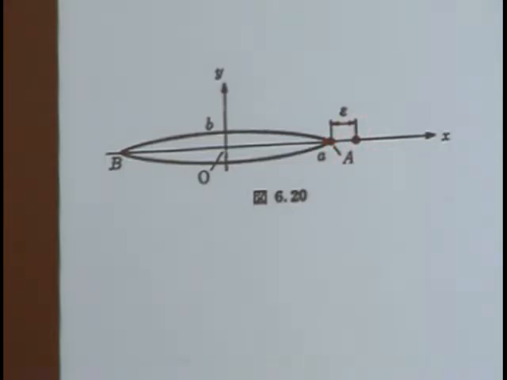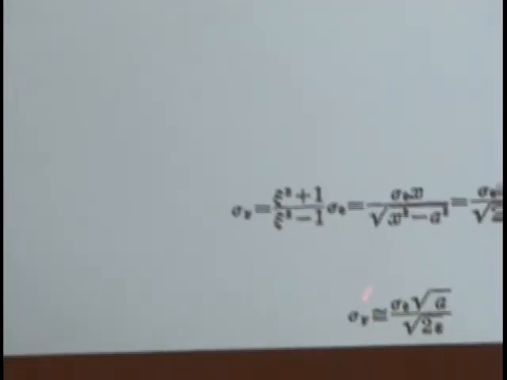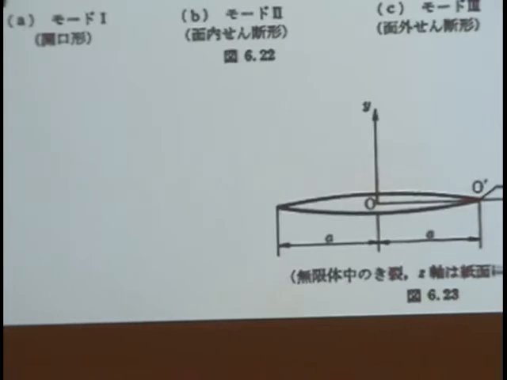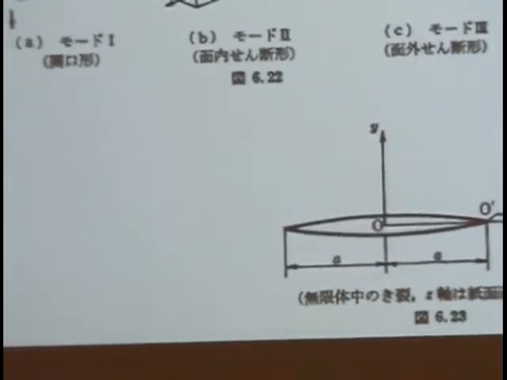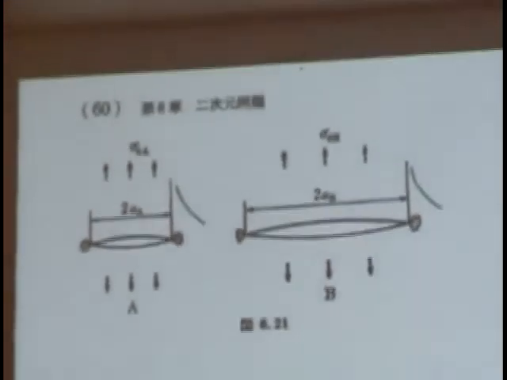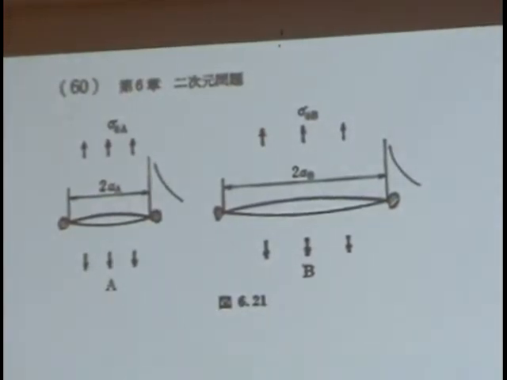Okay. Anyway, this sigma 0 square root a is a very important factor, and putting pi inside the square root, we call this the stress intensity factor. Here, you probably already studied the concept of fracture mechanics and the validity of the stress intensity factor, so I skip this application.